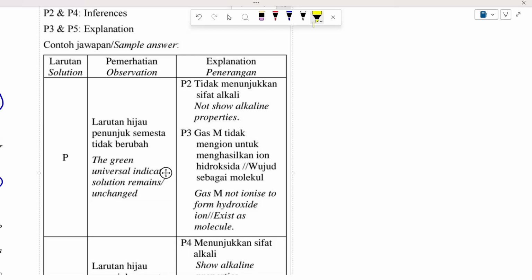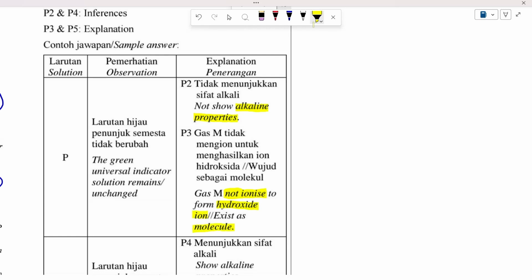So if the student cannot recognize it is alkaline, meaning point 2 cannot be obtained, because here the student needs to mention the alkaline properties. Then the student also needs to mention it is not ionized. It cannot ionize to form hydroxide ions, or it exists as molecules.